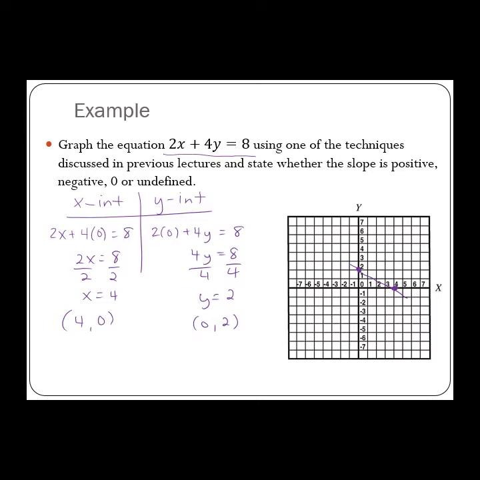It's moving in a downward direction, so it's negative slope. And in fact, if you want to put a number to it, if you look at it, I'm going down 2 steps and right 4 steps. So we would say the slope is negative 1/2 in this example.